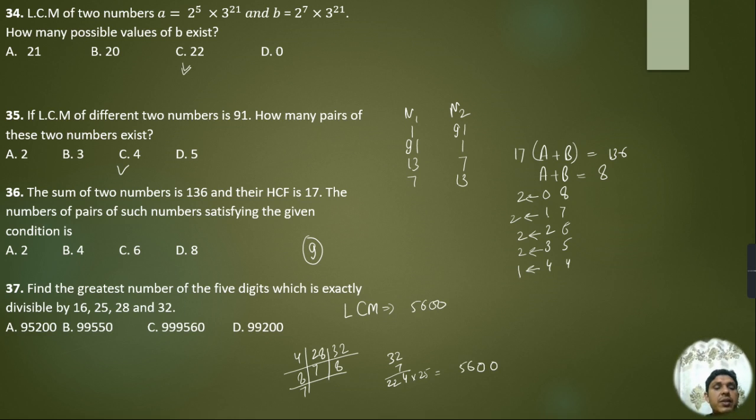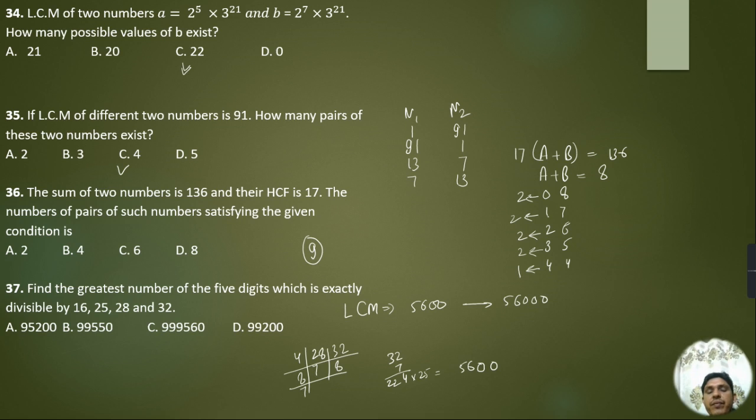For the greatest number of 5 digits, we can multiply it by 10, so this will be 56000. Again, this is not the greatest 5 digit number divisible by it.